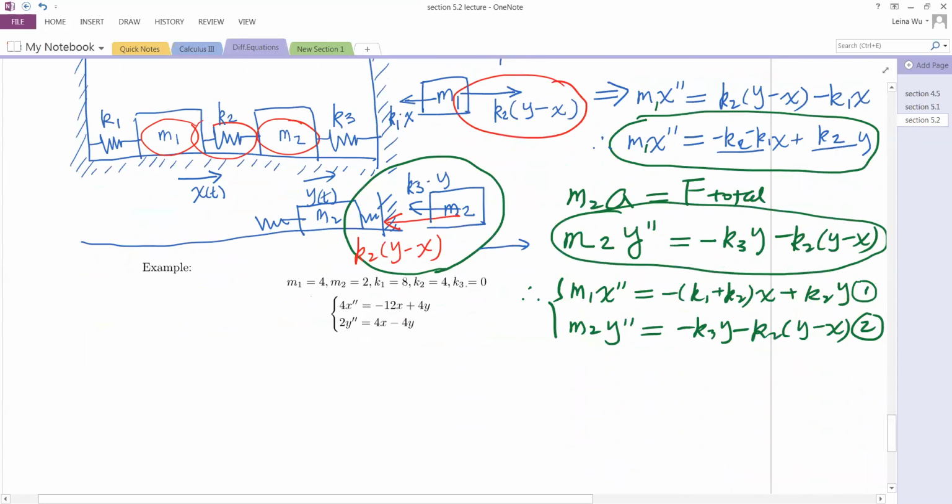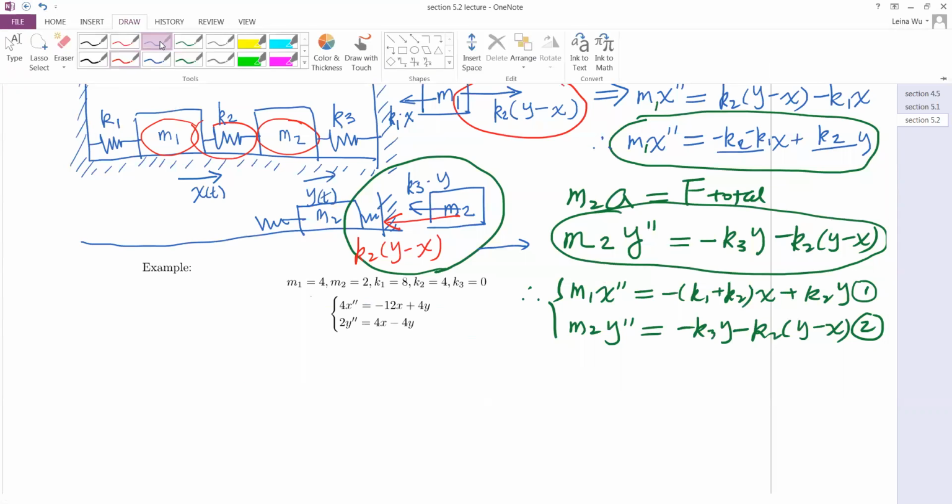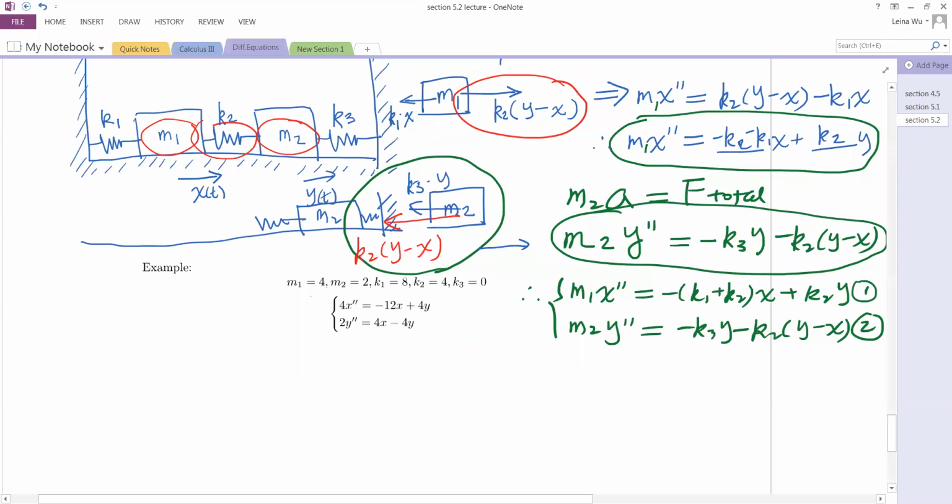I have a question. Yes, Donovan. Why, in the second equation, is it negative K2? Is it because the two forces are opposing each other? Oh, the second one? Okay, hold on, let me see. The reason is it comes from the same spring, spring number 2.